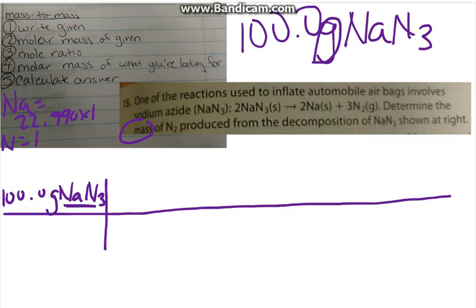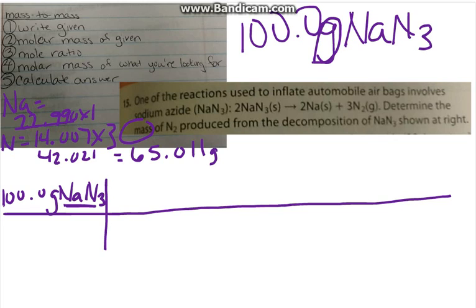The molar mass of nitrogen is 14.007, and I have 3 of those. So that means the total mass for nitrogen is 42.021. I add that number and 22.990 together, and I get 65.011 grams. That is my molar mass of the given.